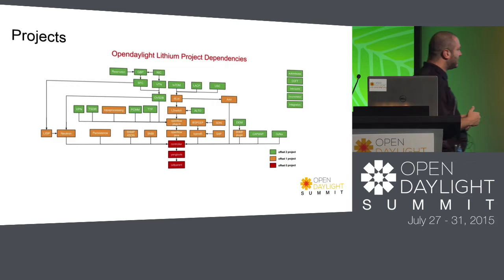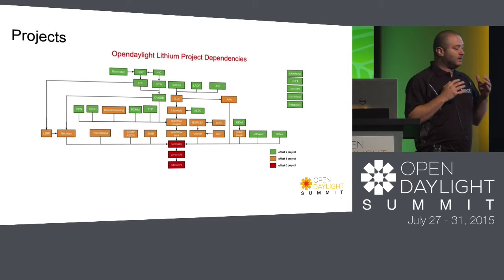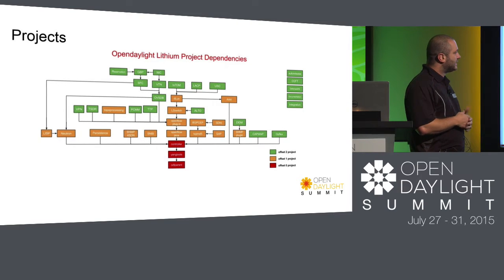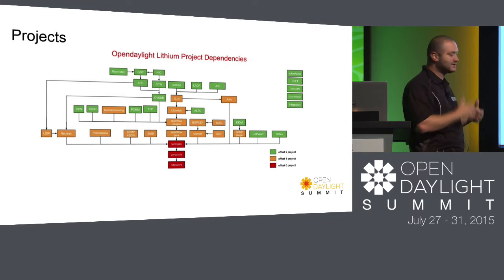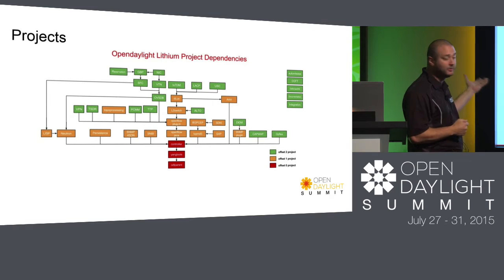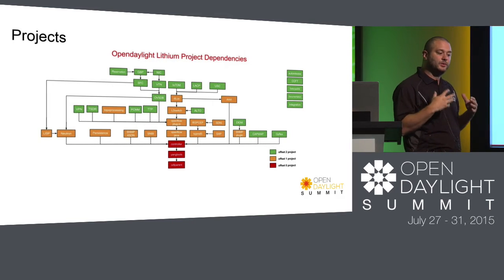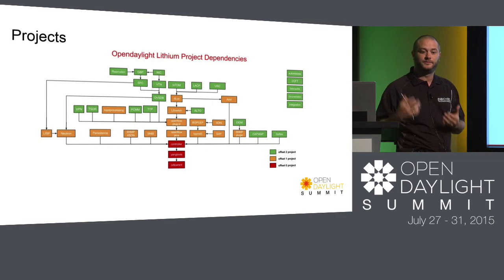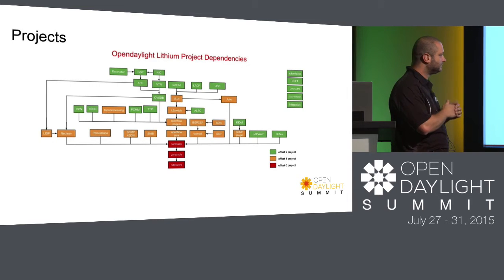If you're not familiar with OpenDaylight projects, OpenDaylight has 3 offsets. Offset 0 is more or less the core components of OpenDaylight. Then you have the offset 1 projects, which are usually leveraged by other components or higher level functionalities of the projects.